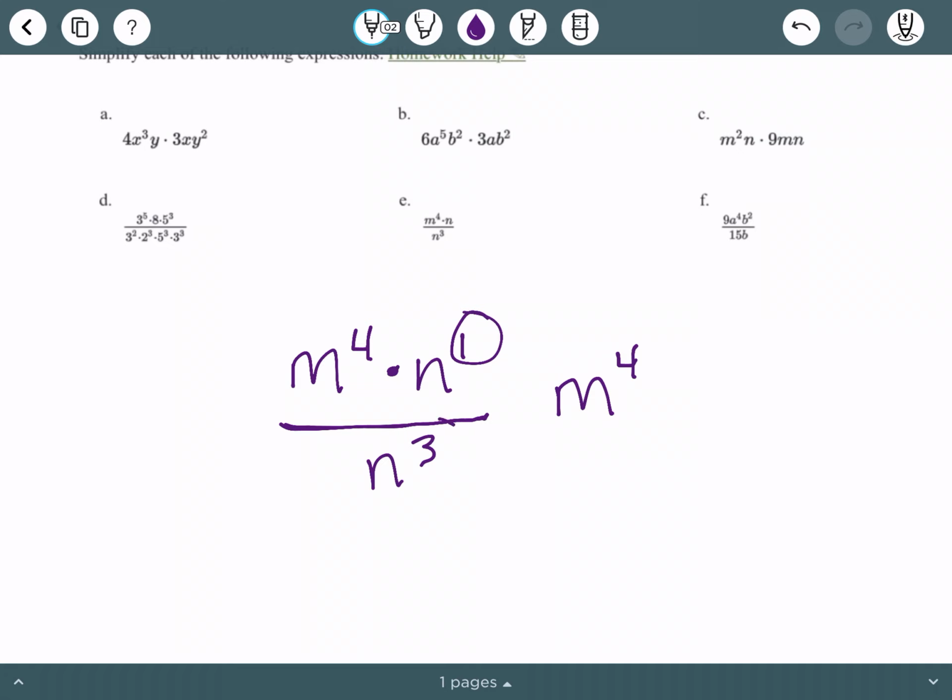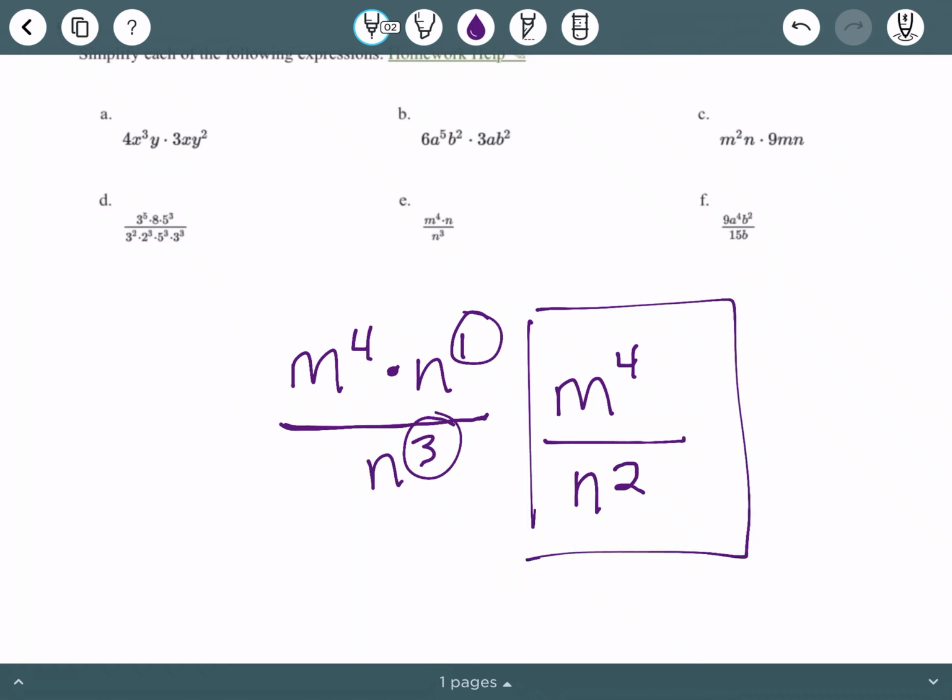Now my n's, I'm doing 1 minus 3, and 1 minus 3 is going to give me an n to the negative 2nd, but we can't have a negative exponent, so we can take the reciprocal, which is n to the 2nd, and we're just going to put that under my m to the 4th. So we should have m to the 4th over n to the 2nd. And we are finished with part E now. So once you have part E copied down, we'll go ahead and move to part F.